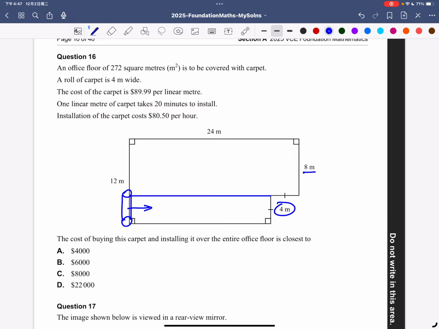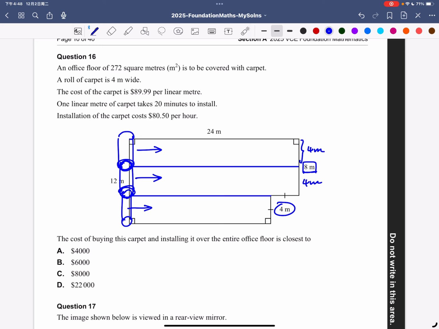And also there are 8 meters remaining, so I can divide the 8 meters into 2 parts. This is 4 meters, this is 4 meters. So I put another thicker or longer row going along this way. And another one going this way.